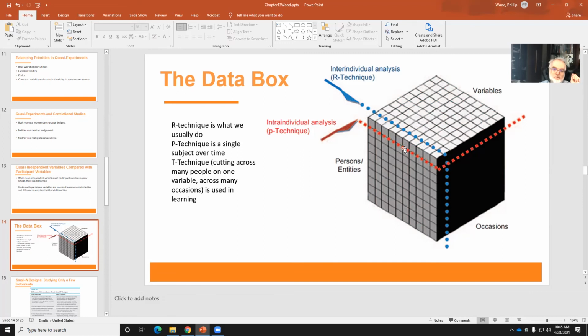Another thing you can do is you can take just one person across many variables, but measure them over many, many times. And that is also going to give you a set of relationships between those variables for that one person. And the other advantage of that is you can look over the course of time to see what's going on, because maybe what's going on at one measurement occasion starts to affect what goes on at some other measurement occasion.